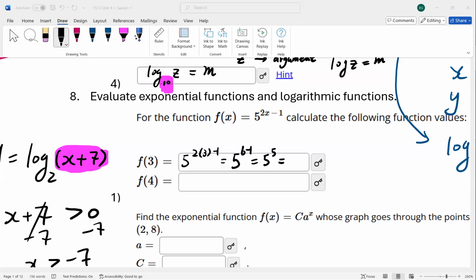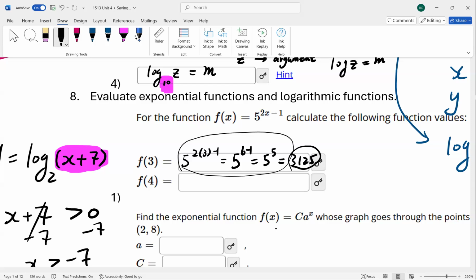So I'm going to raise 5 to the power of 5. I got 3,125. You only need to enter this in the cell. Those parts are supposed to be on your scratch paper.